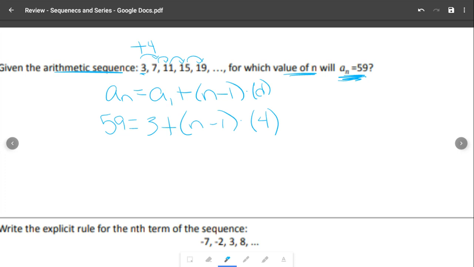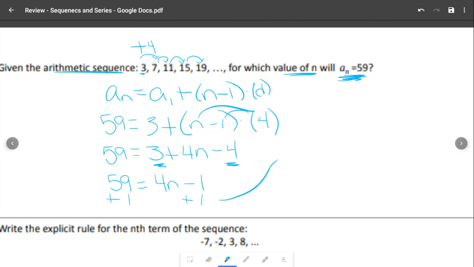So solving for n, I'm going to distribute. So we have n times 4 is 4n, negative 1 times 4 is negative 4. Combine like terms here. So we have 59 equals 4n minus 1, positive 3 and negative 4.